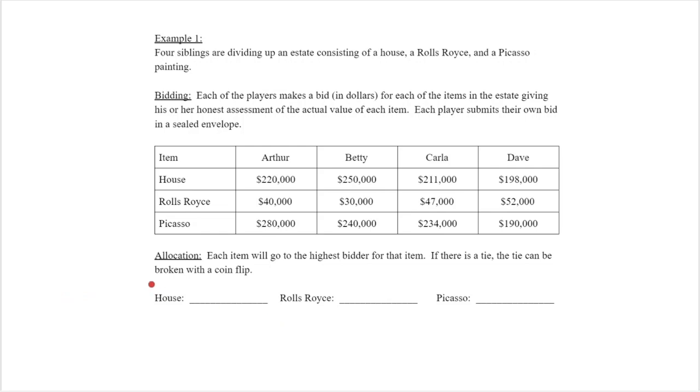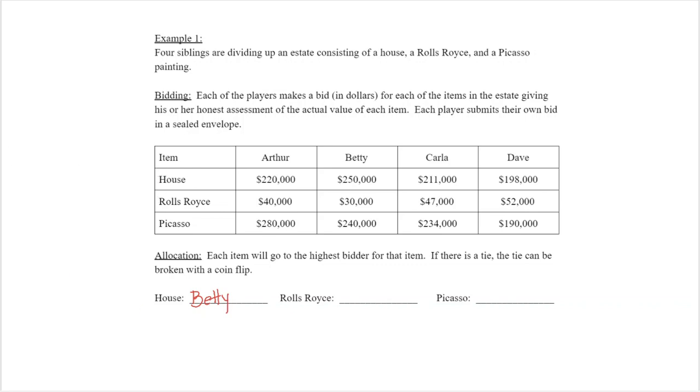The second step is the allocation. Each item will go to the highest bidder for that item. If there's a tie, then we'll do a coin flip. So the house. Who thought the house was worth the most money? Well, that would be Betty. So Betty gets the house.